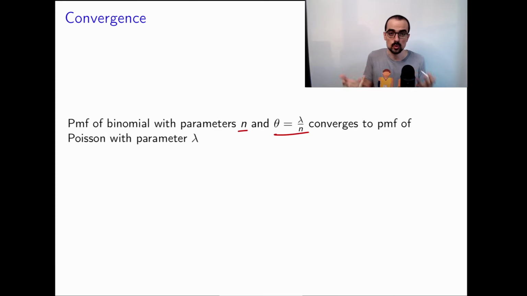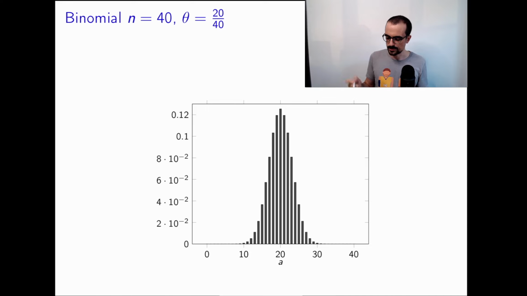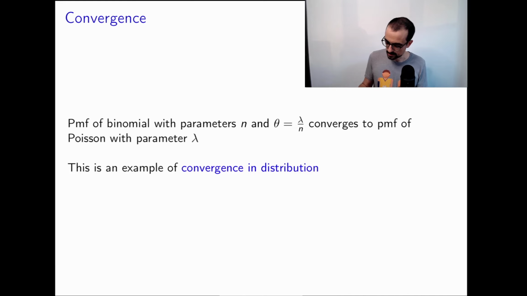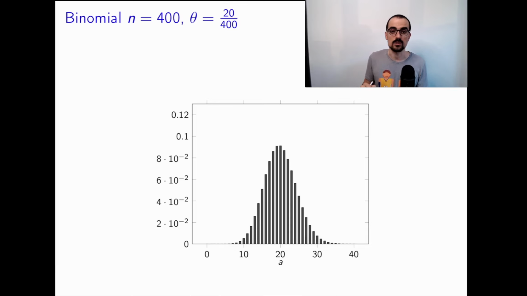Every time you prove a result like that, it's nice to go and see numerically whether it actually holds. So let's do that. Here we take a binomial with n equal to 40, and we set lambda equal to 20. First n equals 40, then n equals 80, then n equals 400.